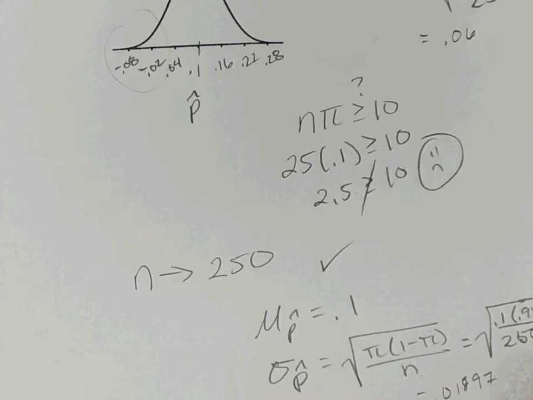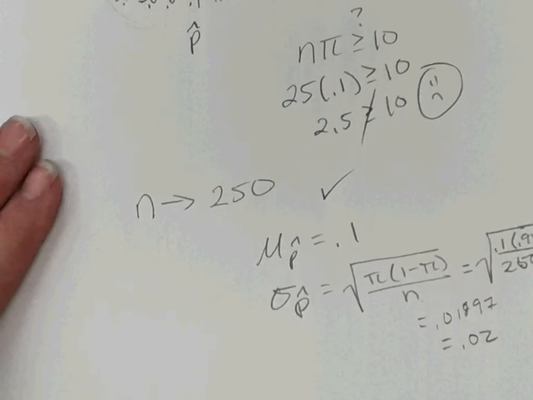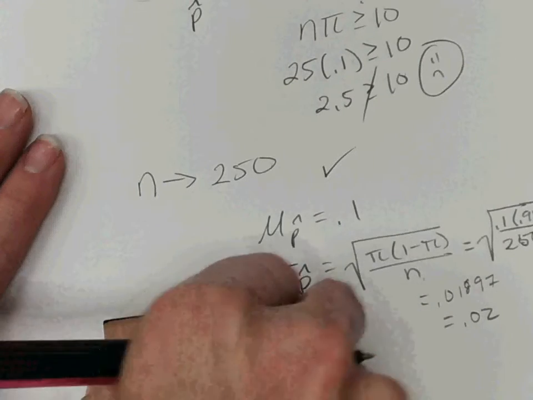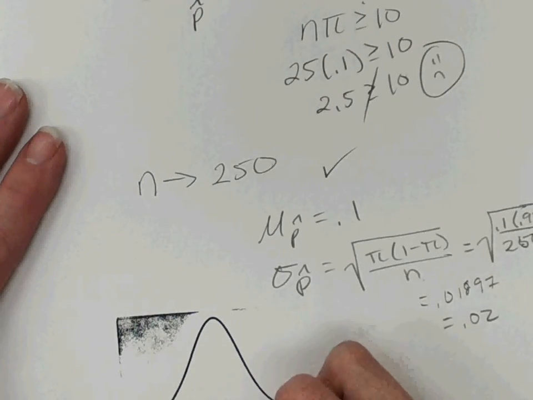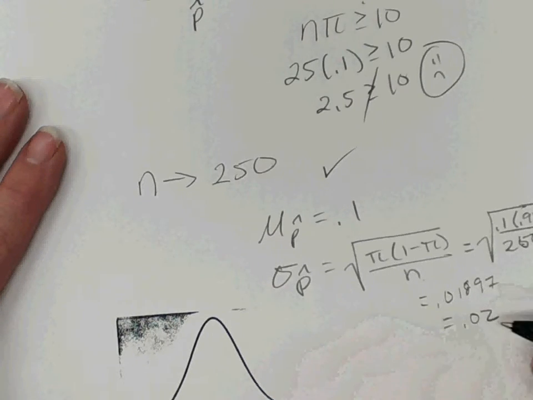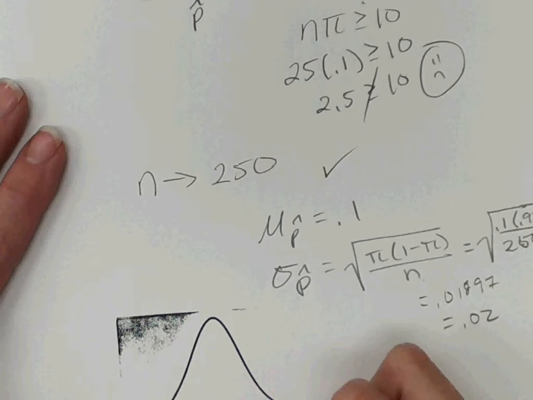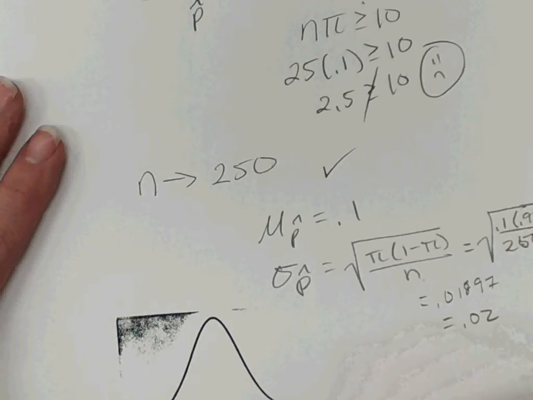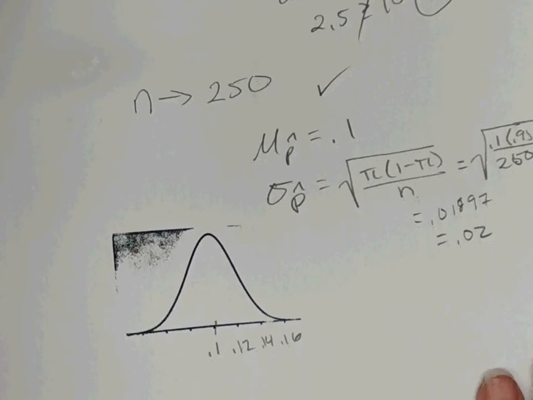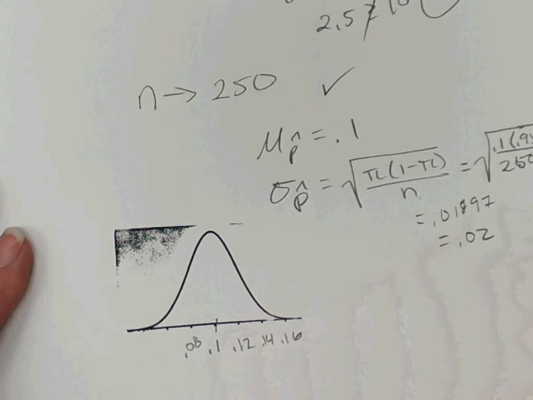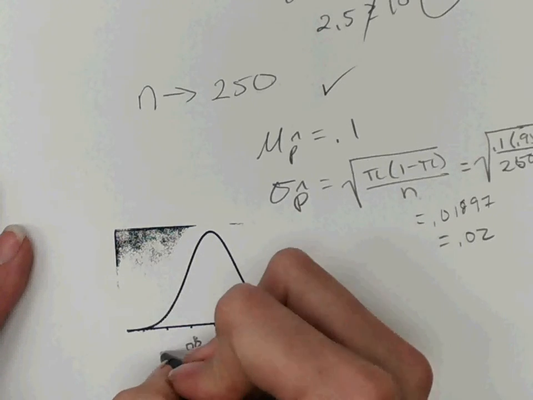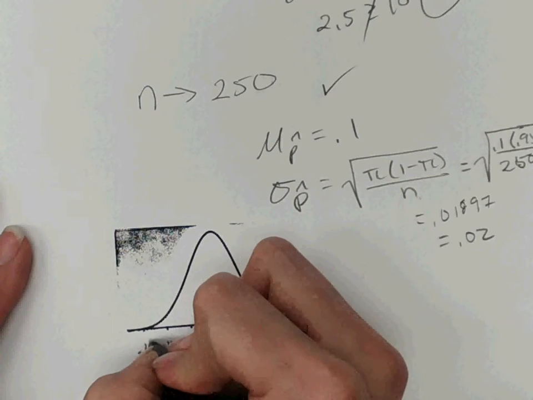I'm going to round that to 0.02 just for the sake of getting this quick. So this right here is 0.1, it's my center, and then I'm going up by 0.02, so 0.12, 0.14, 0.16. And then subtracting 0.02 as I go to the left, 0.08, 0.06, 0.04.